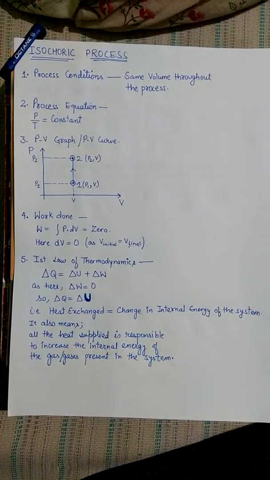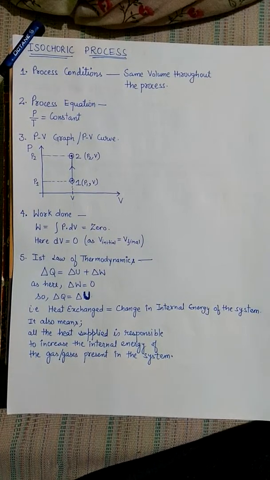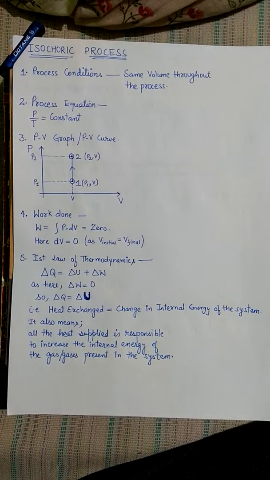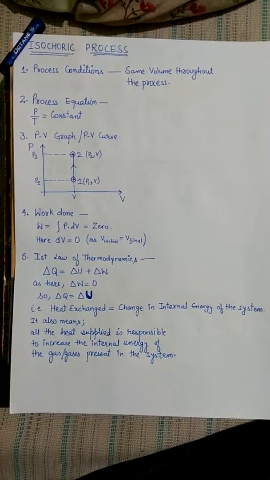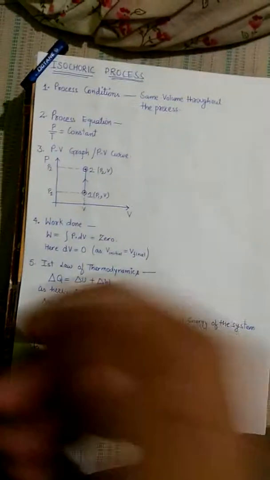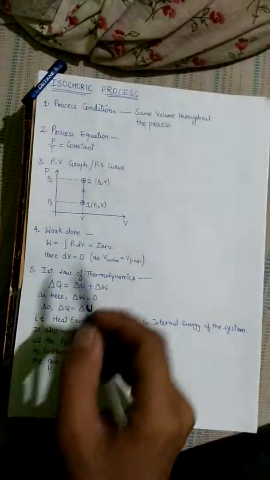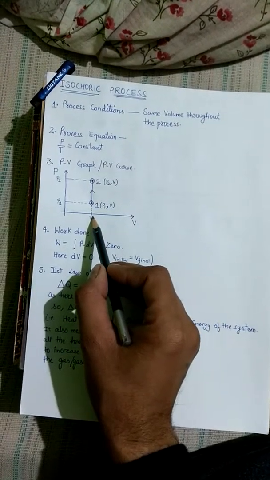So third, the PV graph or PV curve. Actually, curve is also another synonym of the word graph. Here we can see that along the y-axis we have plotted pressure and along the x-axis we have plotted volume. In this process the volume is constant.